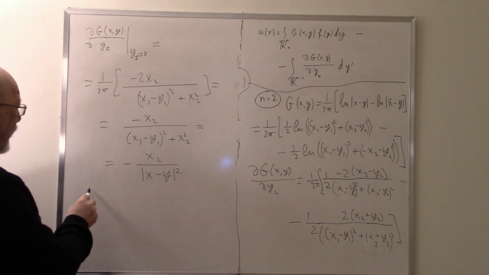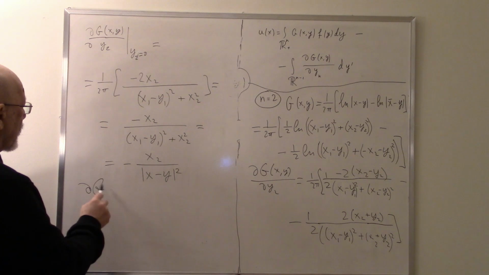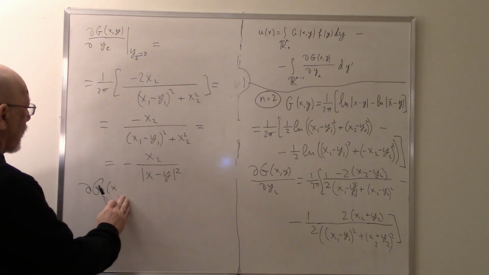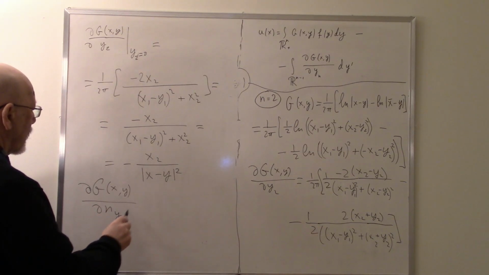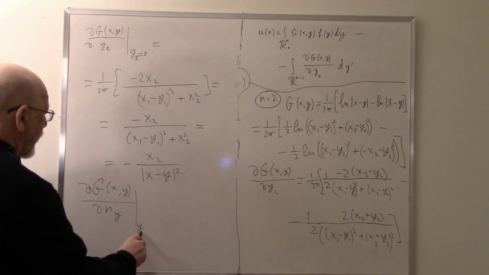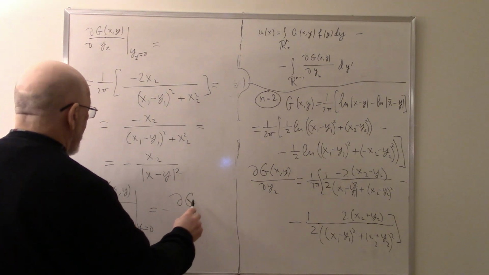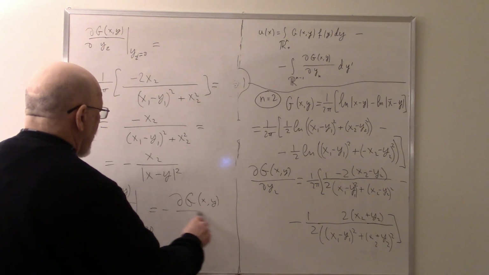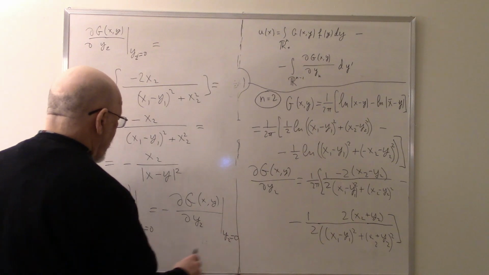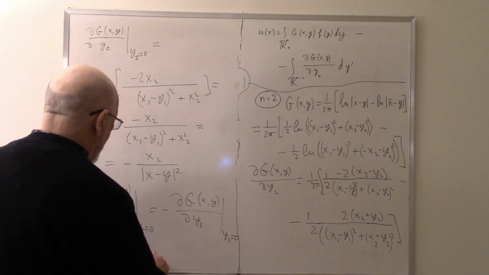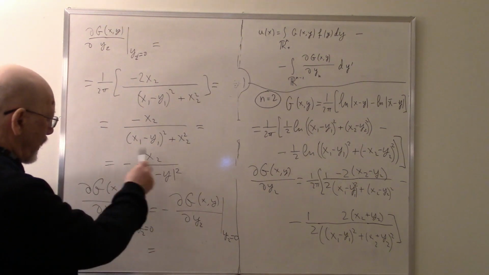And now dg of x, y over dn_y for y2 equals 0 equals minus dg of x, y over dy2 at y2 equals 0. Yes? So it is equal to, with plus.